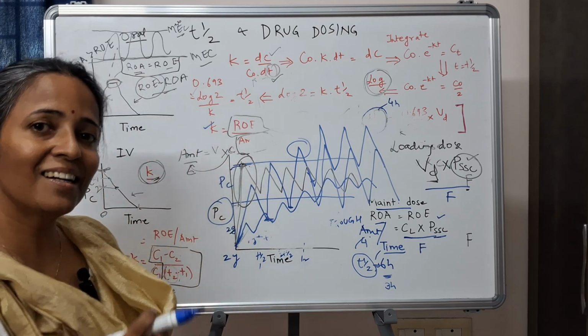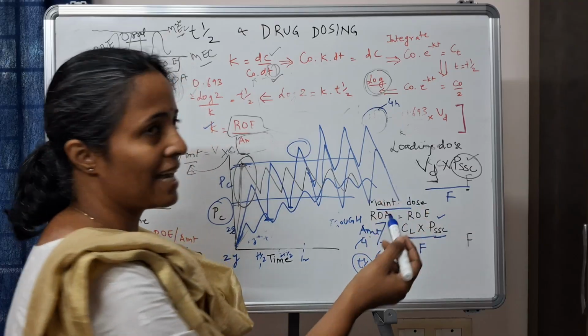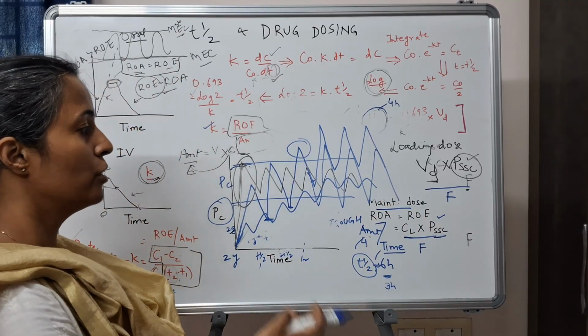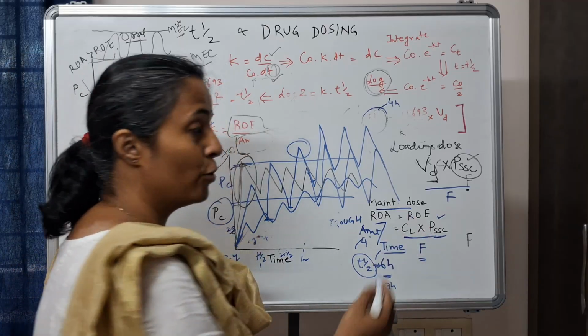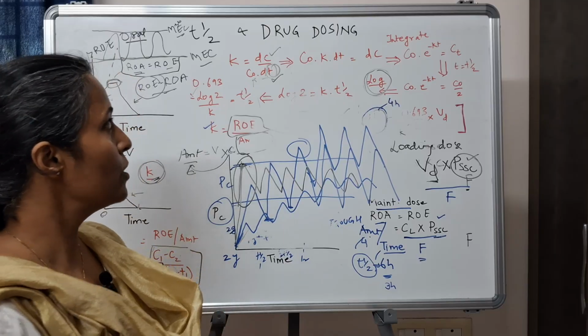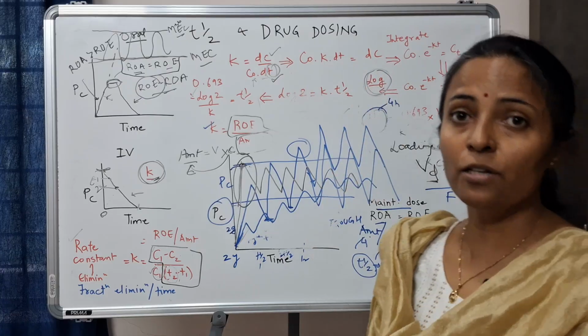Because that is the amount which is going to reach the body. So please remember, if it is IV, no need to divide because there will be 100% bioavailability. For other routes, you have to divide by bioavailability, that is denoted by F. Okay, so that was about the half-life of the drug and also the drug dosing regimen.